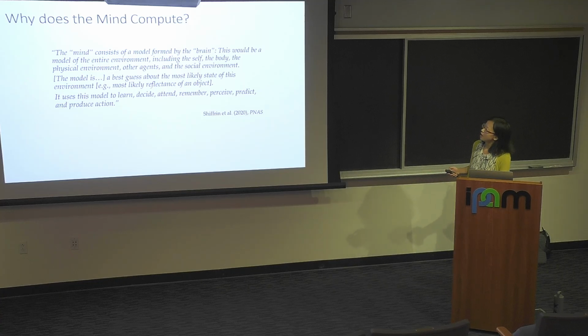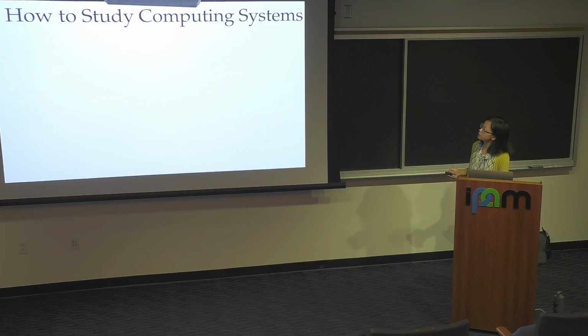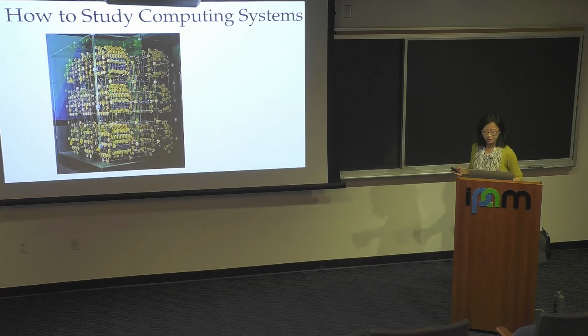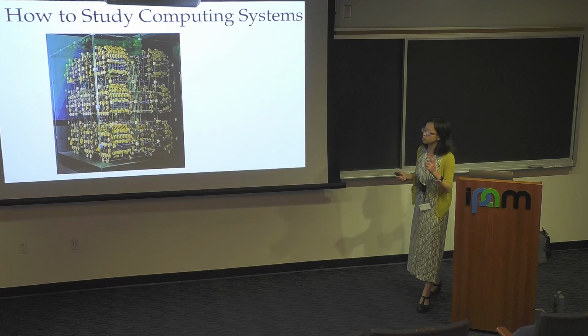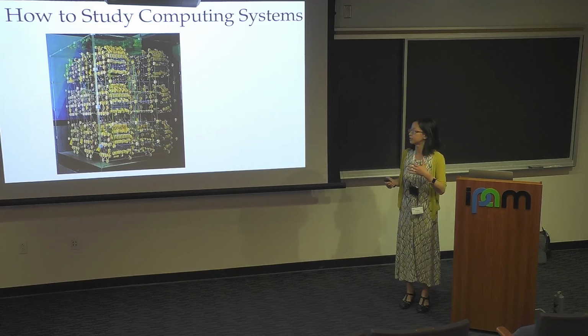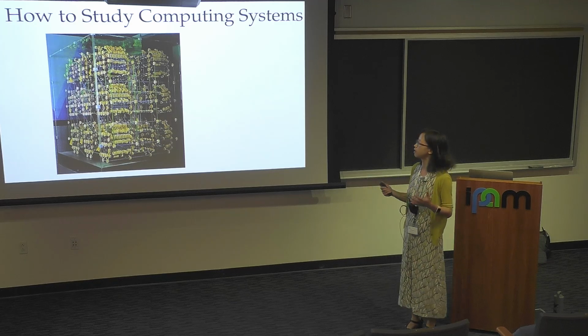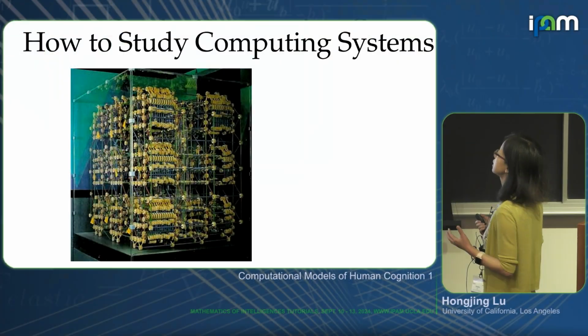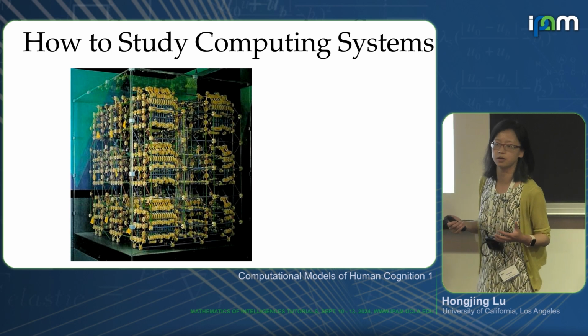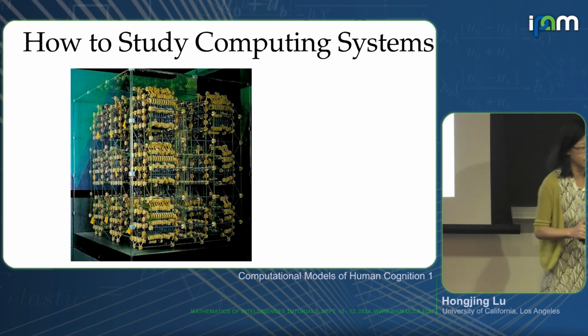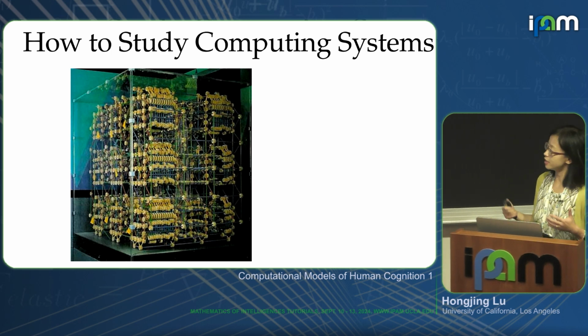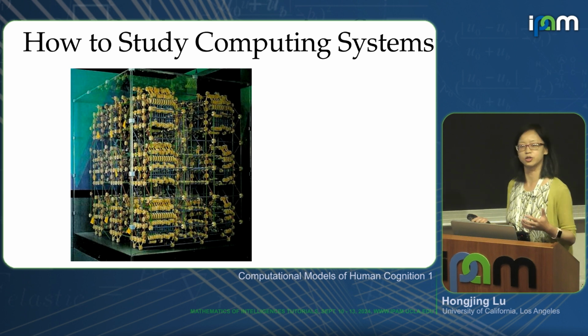Okay. Before I get into these two examples, I want to quickly review one very popular view in cognitive science on how to study a computing system. This is an example of a machine made from Tinker Toys.